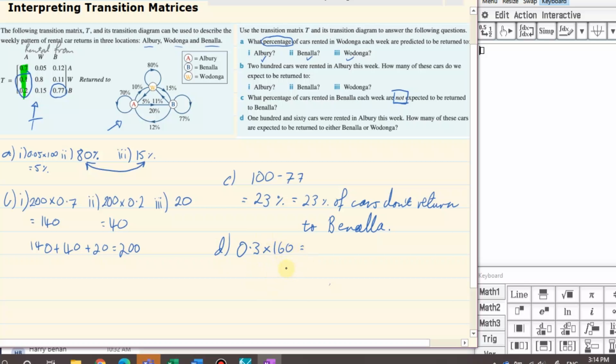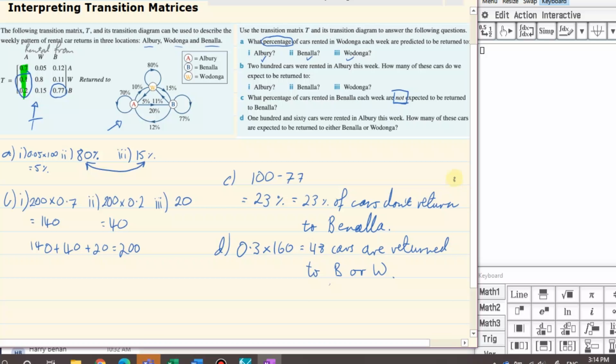If we go 3 times 16, we get 48. So we have 48 cars returned to Benalla or Wodonga.